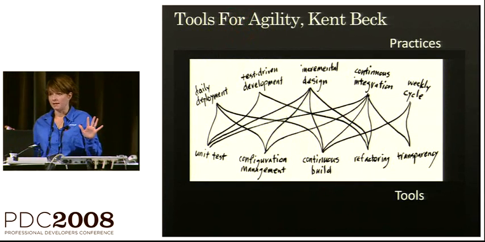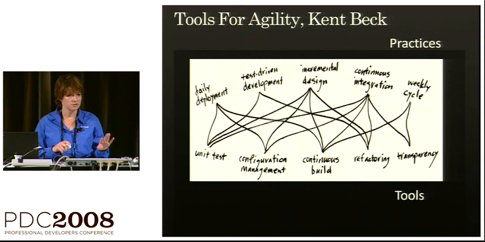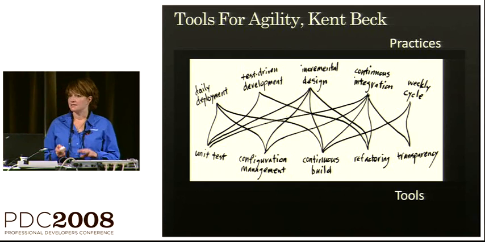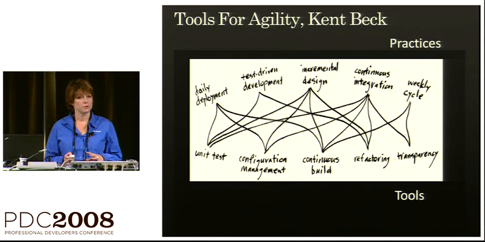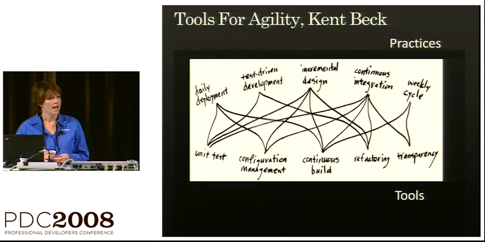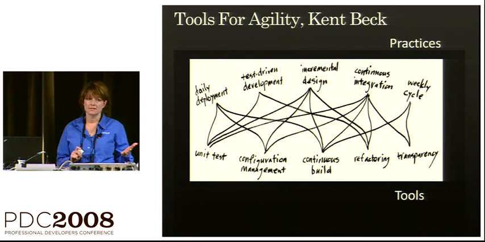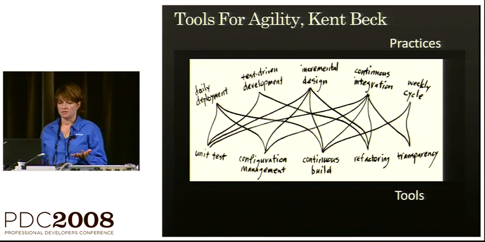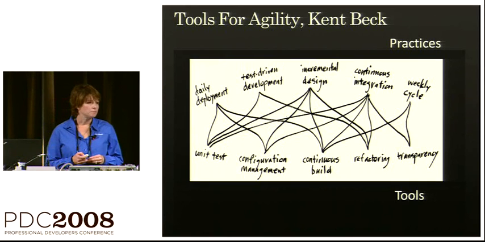So there was a huge debate about practices versus tools, tools versus practices, and I think that's over now. It's not an either or, but really a both and. If you have the right tools, they can actually accelerate the adoption of Agile practices.